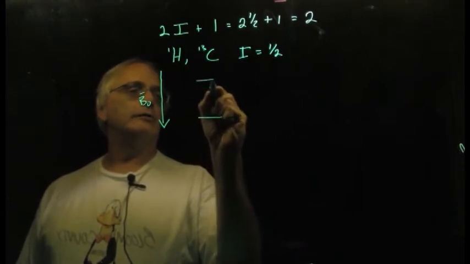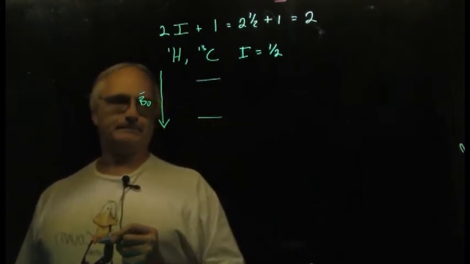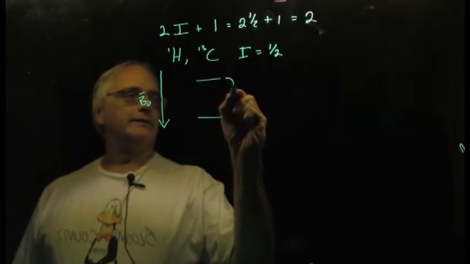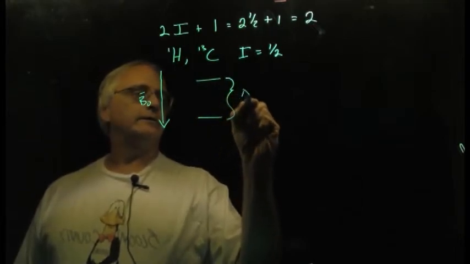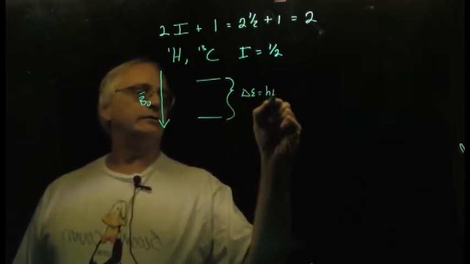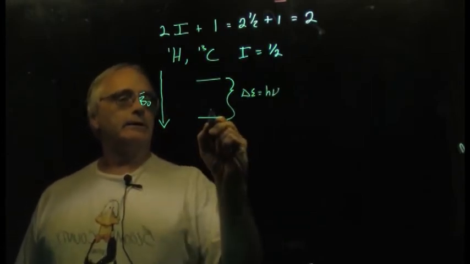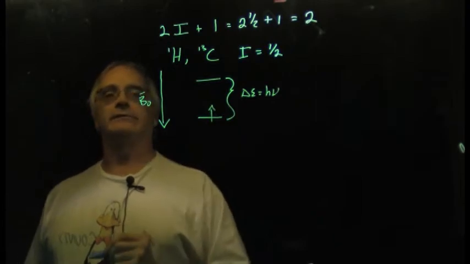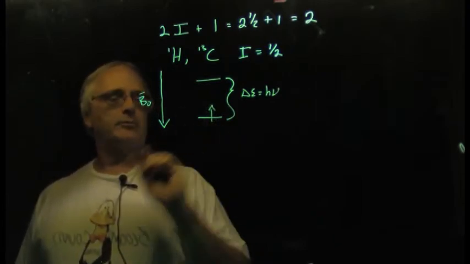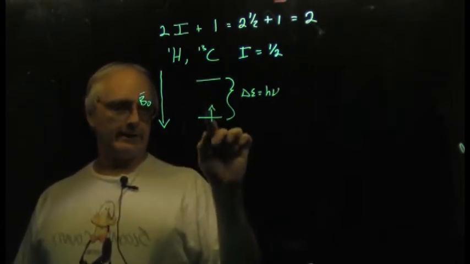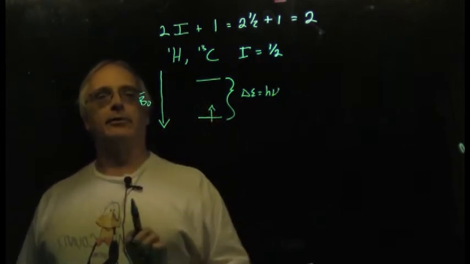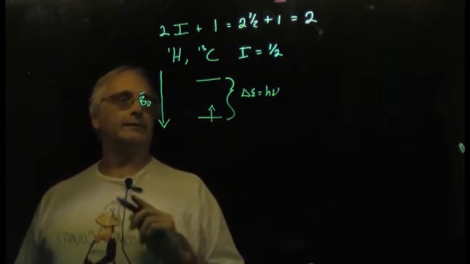We'll just simply draw 2 little energy levels, okay? And there'll be a difference in energy between these. Change in energy is simply h nu, one of the most fundamental equations of spectroscopy. And we will depict the low energy configuration this way: north pole of the magnetic nucleus pointing to the south pole of the big honkin' magnetic field.